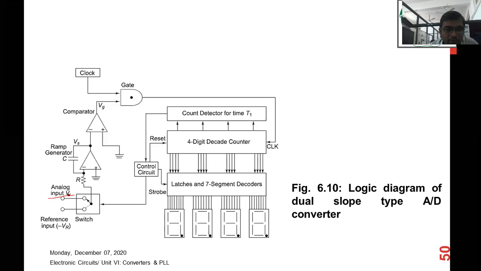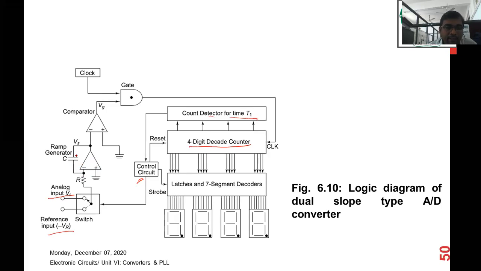One is the analog input voltage Vi, and the other is the reference voltage minus Vr, and the switching operation depends upon the output of the control circuit, which takes instructions from the count detector for the time t1, and the count detector takes its instructions from the 4-digit decade counter.